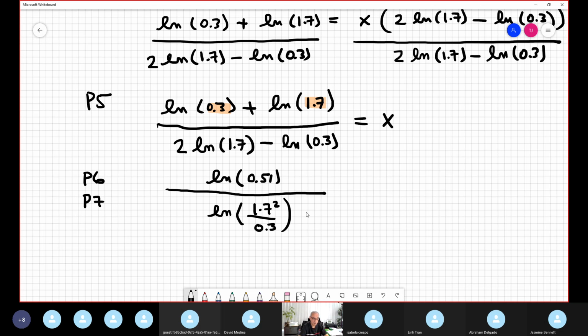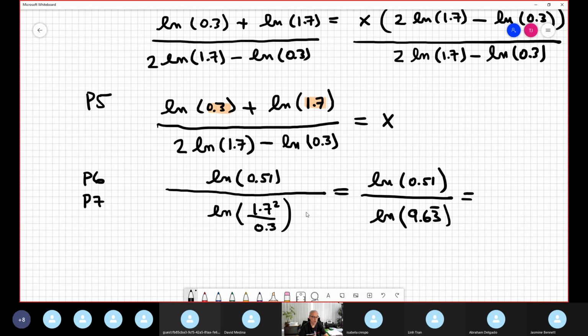Let me try. Of course, I put in the calculator 1.7 squared divided by 0.3. The answer is 9. Okay, this is equivalent. This stays the same. But this, no. I compute in the calculator and the answer is 9.63 repeated.